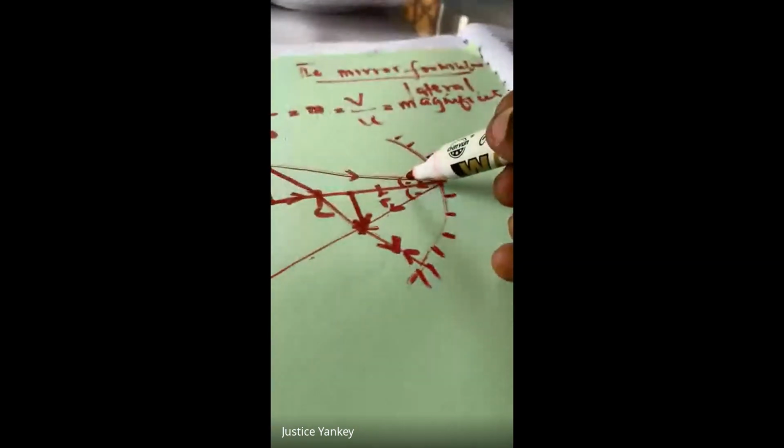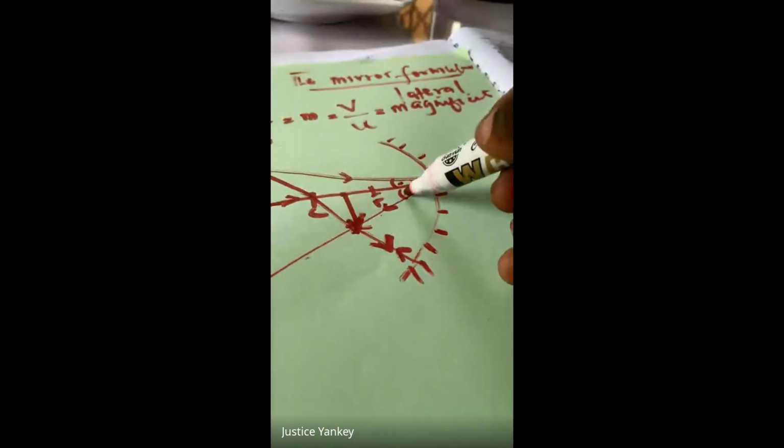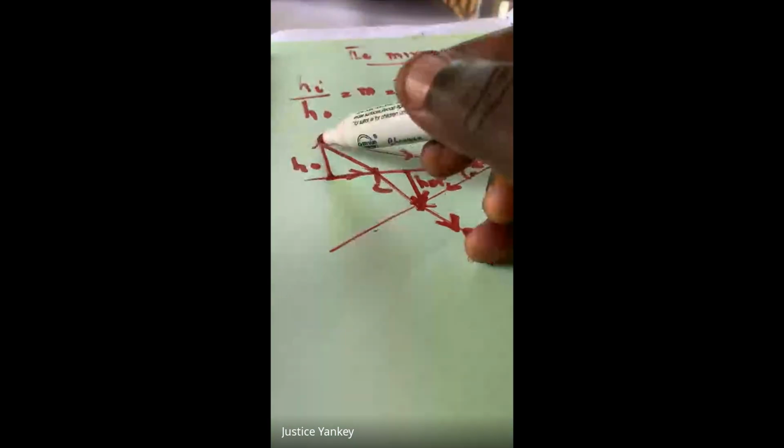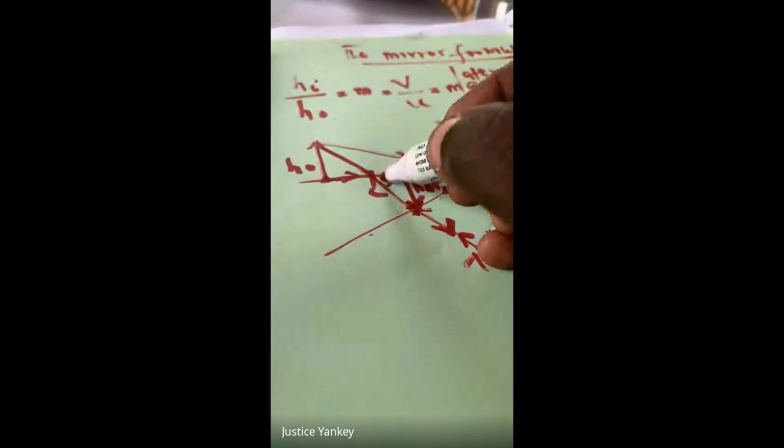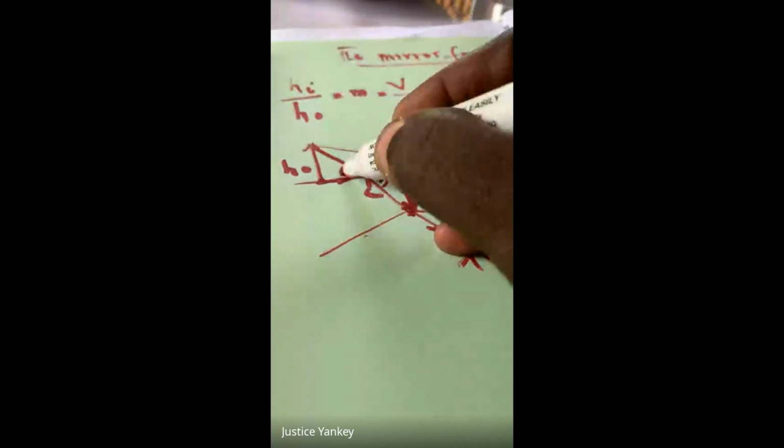Remember that this angle here is the same as that angle. Apart from this, two other angles have been formed in some triangle. Look at this triangle. Let me call this one height of object, and this is height of image. Two other angles have been formed here, this angle here and this angle there.